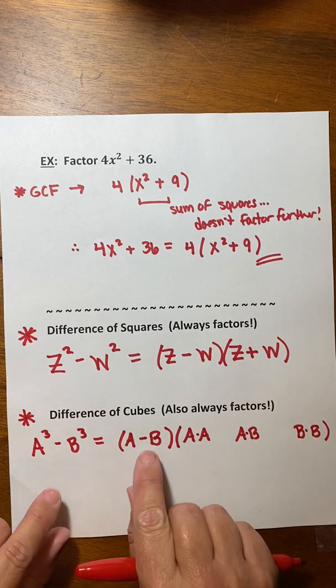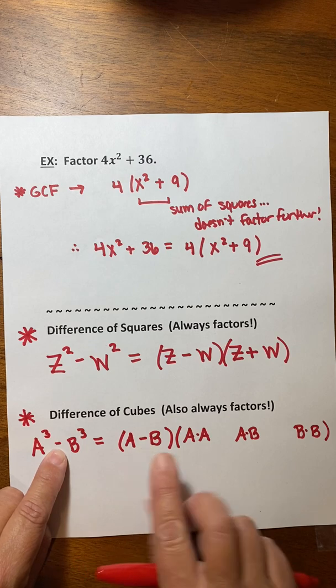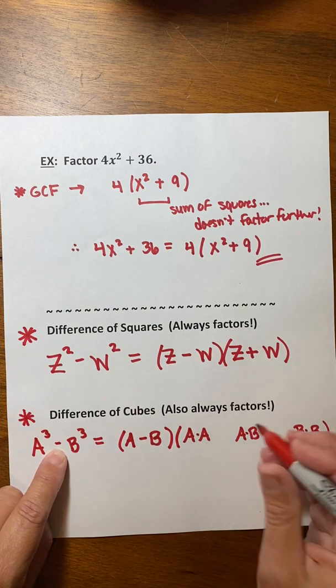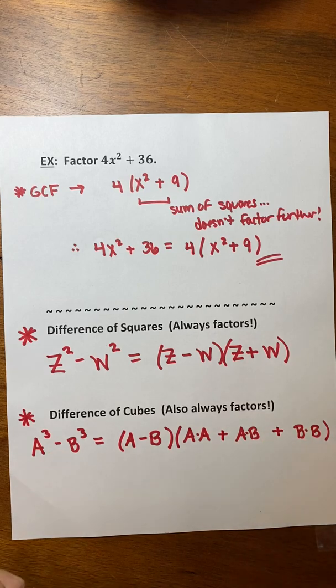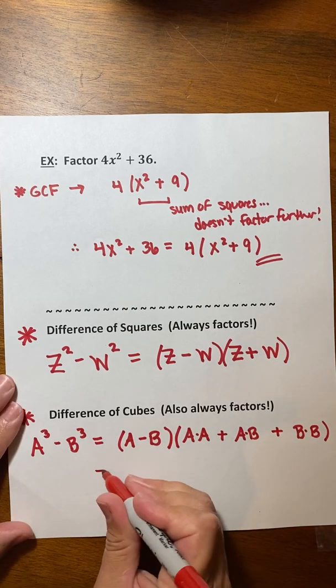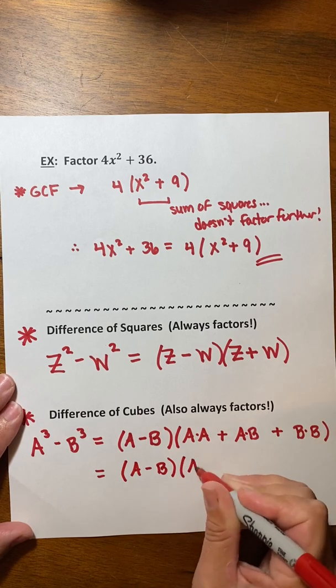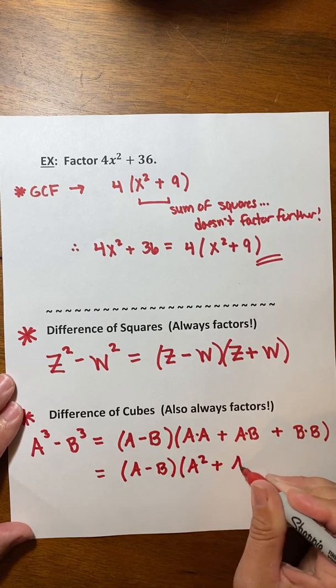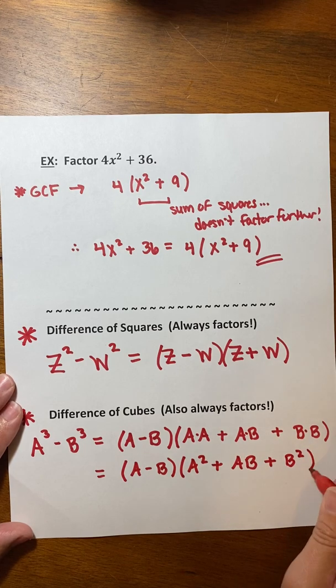Whatever's in the first set of parentheses, it's the same sign that we started with. And then both of these, regardless of what's here, is going to be plus and plus. So in other words, it's going to be a minus b times a squared plus the first term times the second term plus the second term squared.